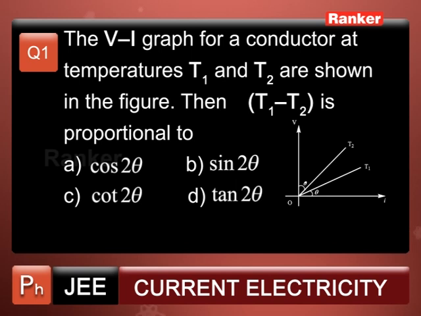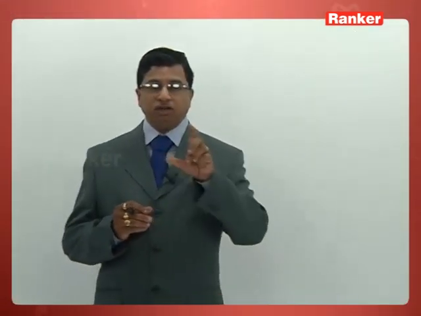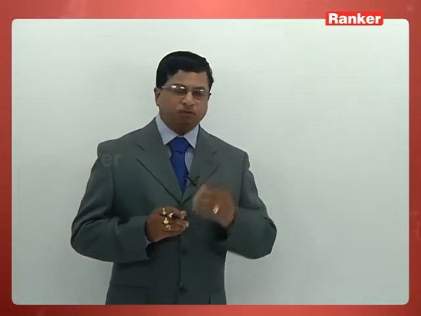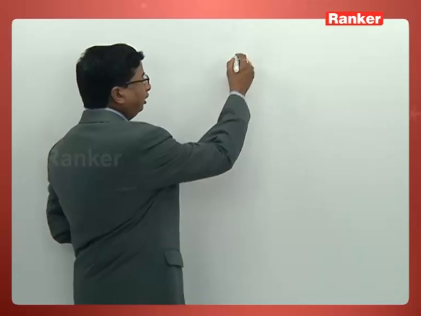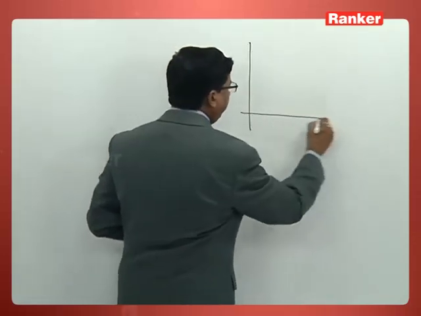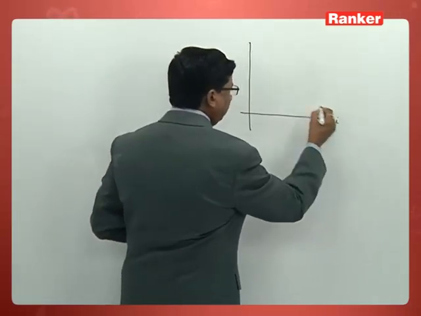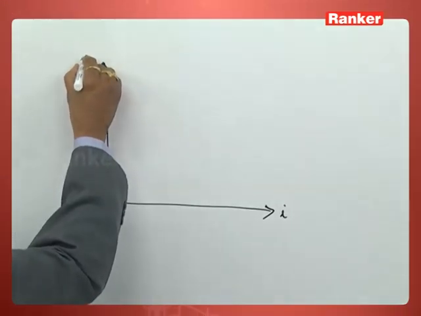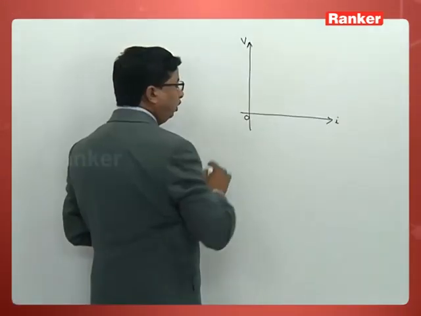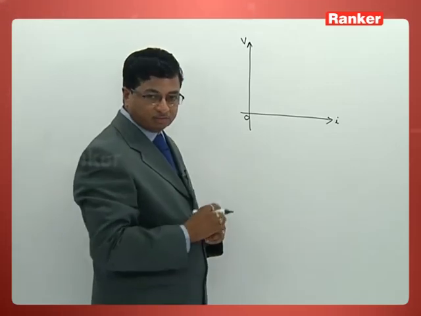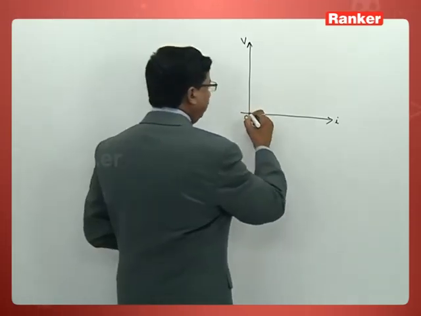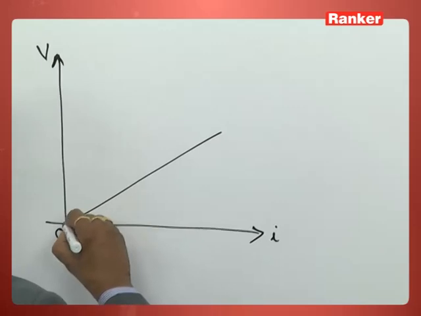In fact, this particular question, which we are taking up as the first one, is directly dealing with the relation between voltage and current. In the graph provided to us, current is given on the x-axis, and voltage is taken along the y-axis. In addition, he has given us two straight lines.